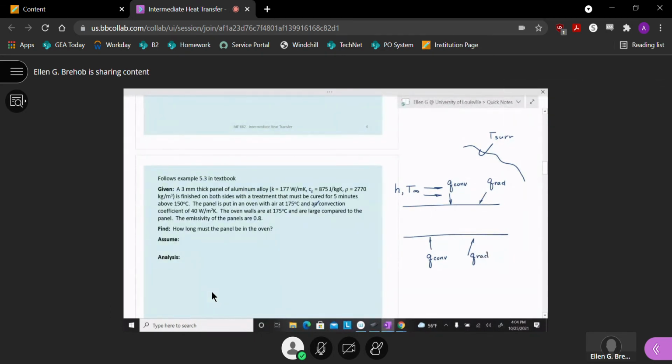And I'm drawing that this heat transfer occurs on both faces. It's not like one surface is insulated or sitting on a plate, both are exposed to the convection and radiation.